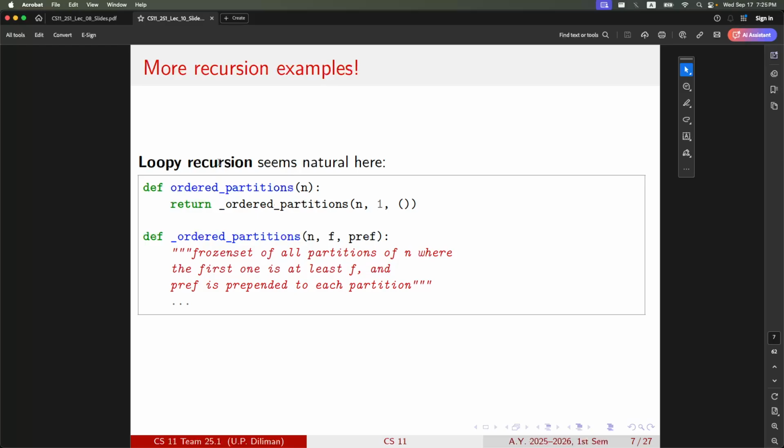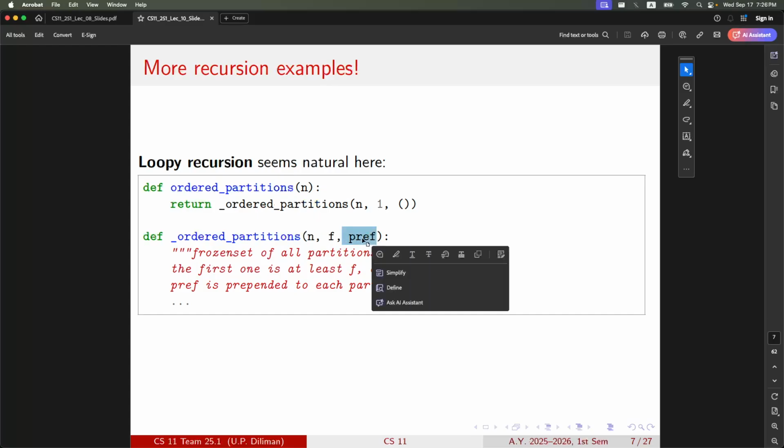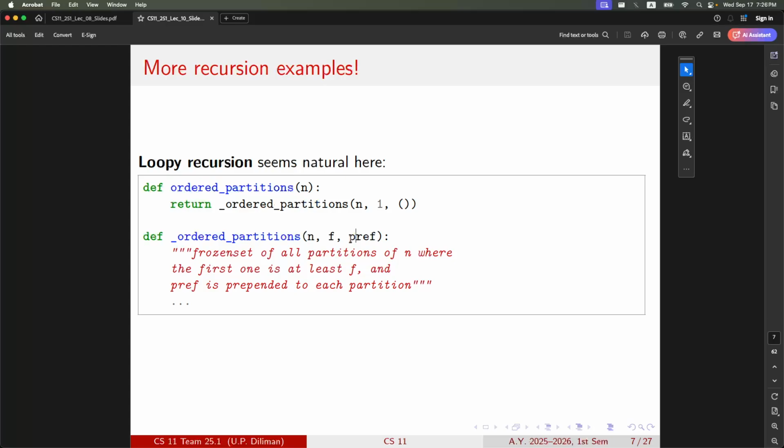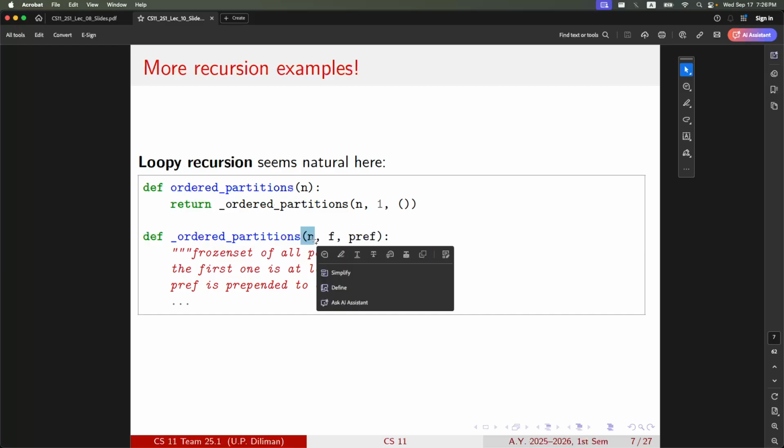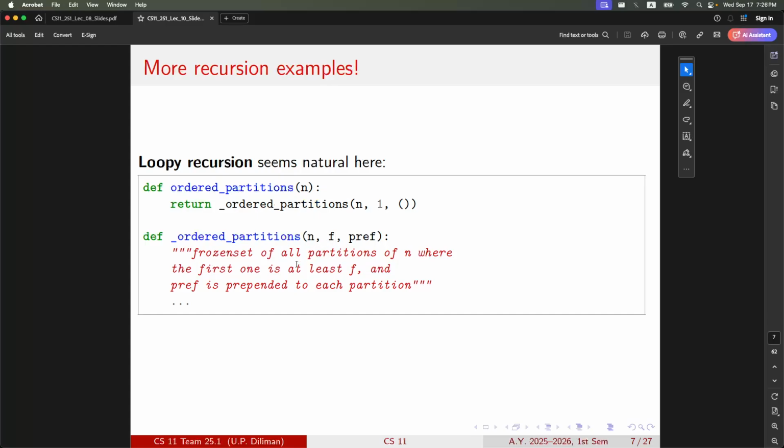Okay, so we'll define our loopy recursion as follows. This is just the initial call to our ordered partitions function, but for the cumulative recursion function, we are going to use these arguments. pref contains the partitions that we have accumulated so far. n would be the amount we want to partition, and f stands for the starting size of the first partition that we will take from n.